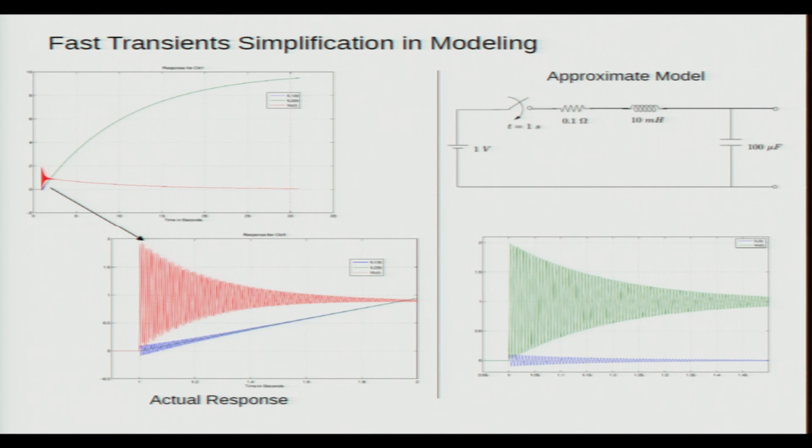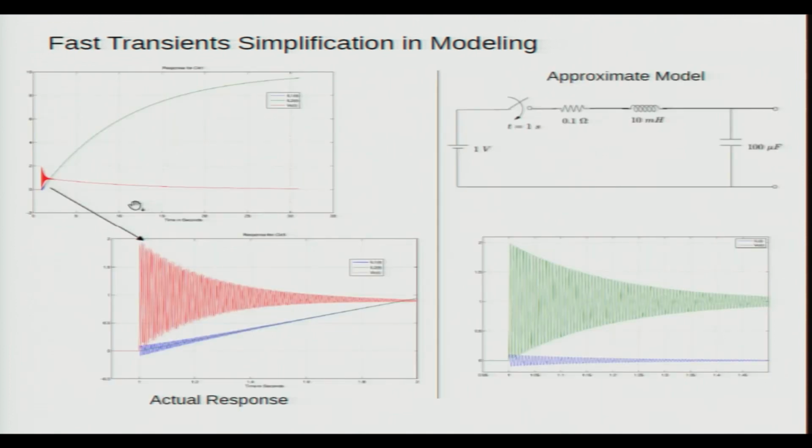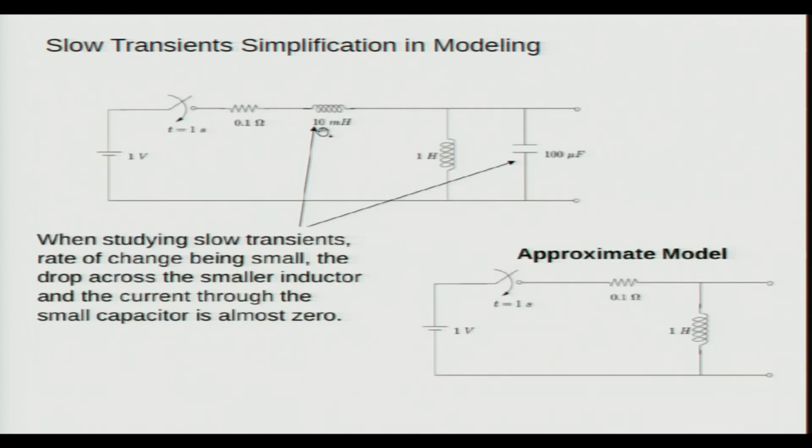Conversely, if I want to study only the slow transients, we can also make another approximation. If the changes are very slow, then the L di by dt and C dV by dt of these two small components, small in the sense that the values of L and C are small, are very small.